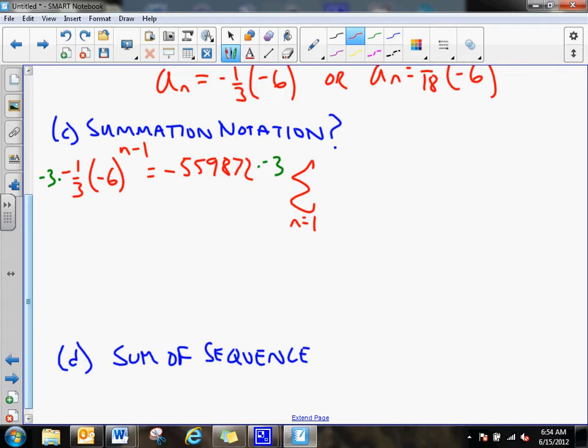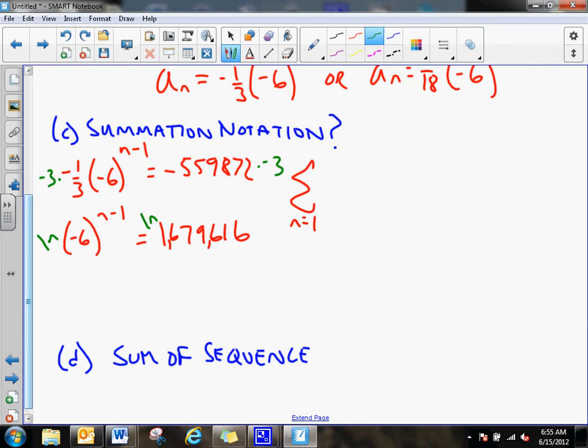And that gives us a positive 1,679,616. All right, big number. Now, how can I undo this exponent? I'm going to take the natural log of both sides.